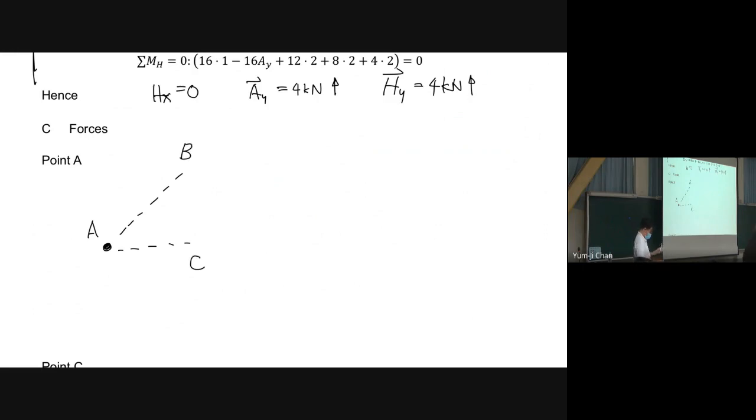So we have TAB and TAC here, and we have 4 kilonewton going upwards and 1 kilonewton going downwards.